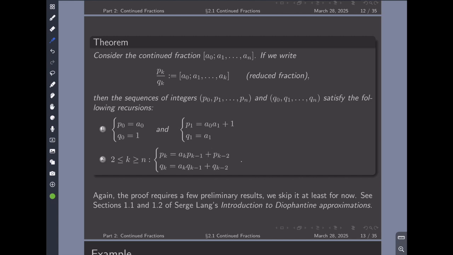The theorem is that when you write them as reduced fractions, the numerator and the denominator satisfy... well, first, the zeroth numerator and denominator are a0 and 1, which is obvious because I'm truncating here and writing as a reduced fraction. So it's a0 divided by 1.